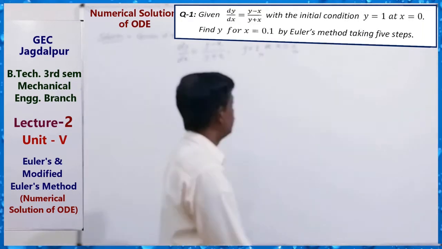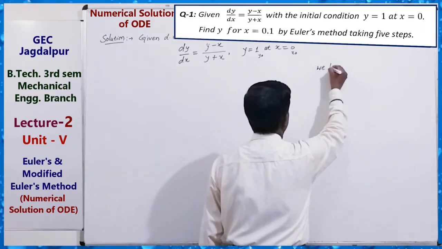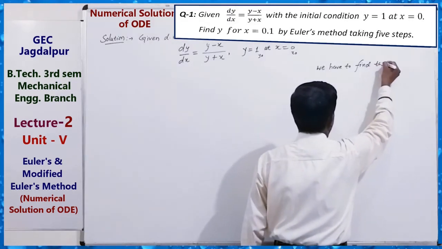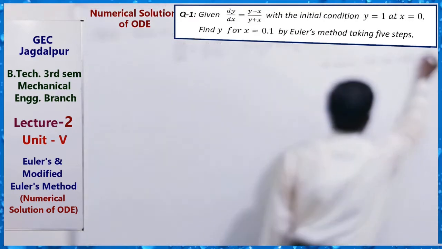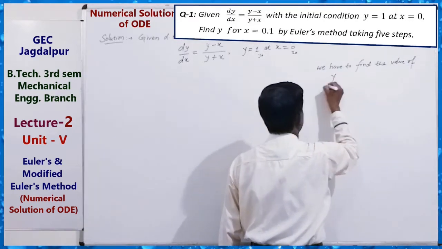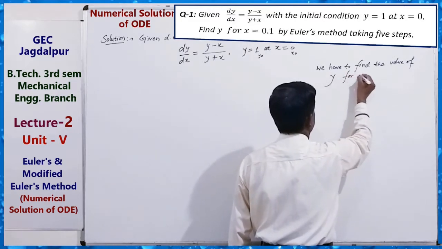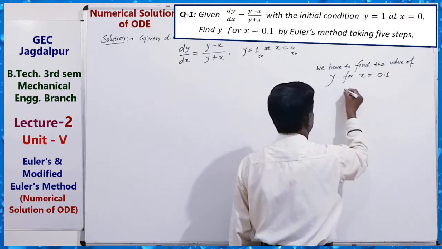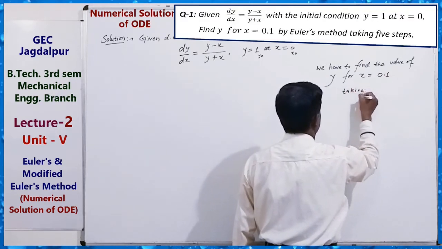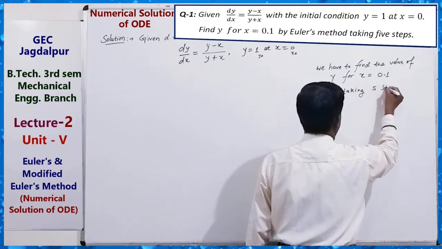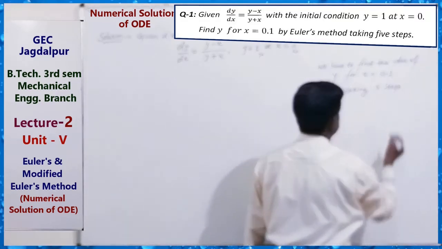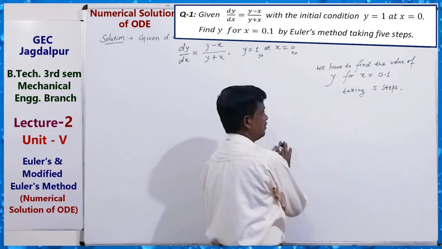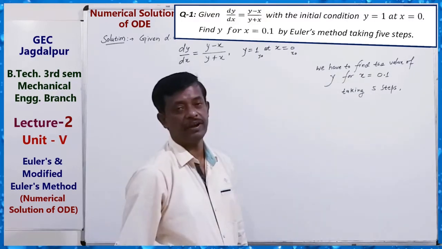So we have to find the value of y for x equals 0.1 taking 5 steps. 5 steps means n equals 5. Clear? So h can be found.